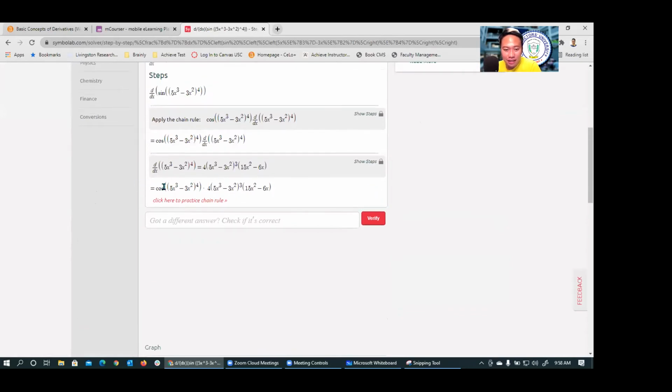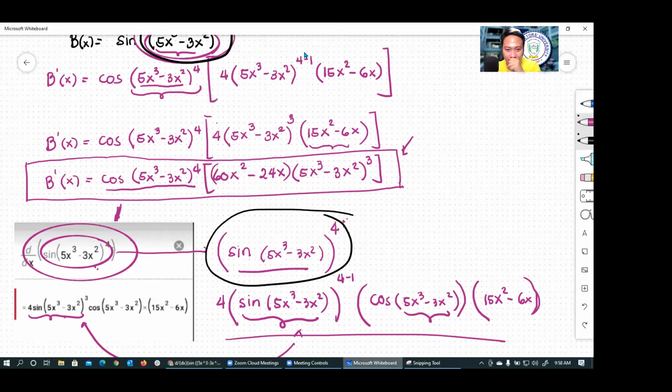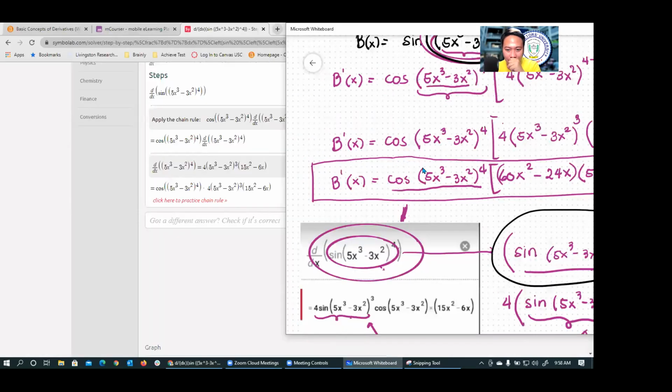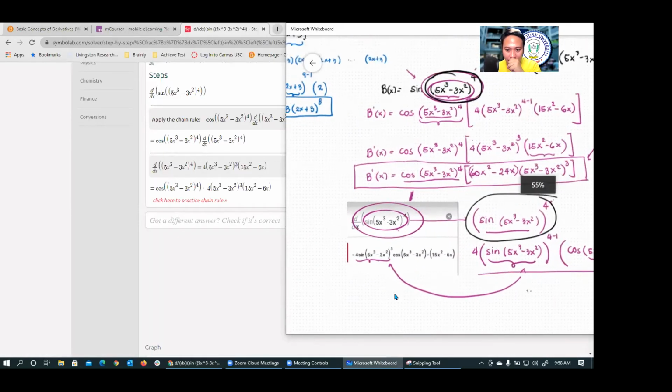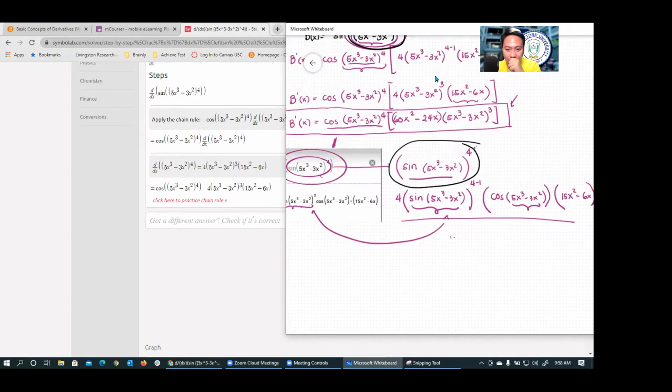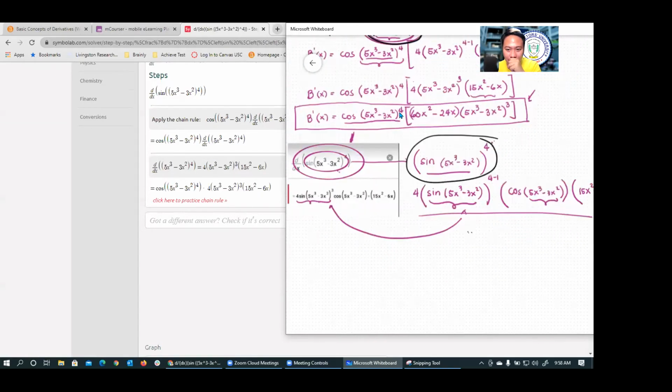There. You see this? Let me share my screen. This is our answer, guys. Compare this portion here to here. You might be confused, sir. We have 4 and then 60. That 4, guys, we multiplied to 15x squared and negative 6.